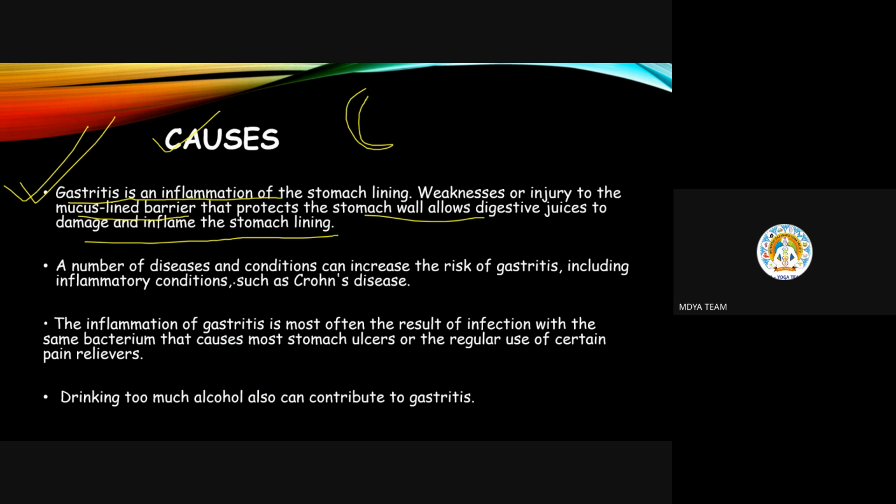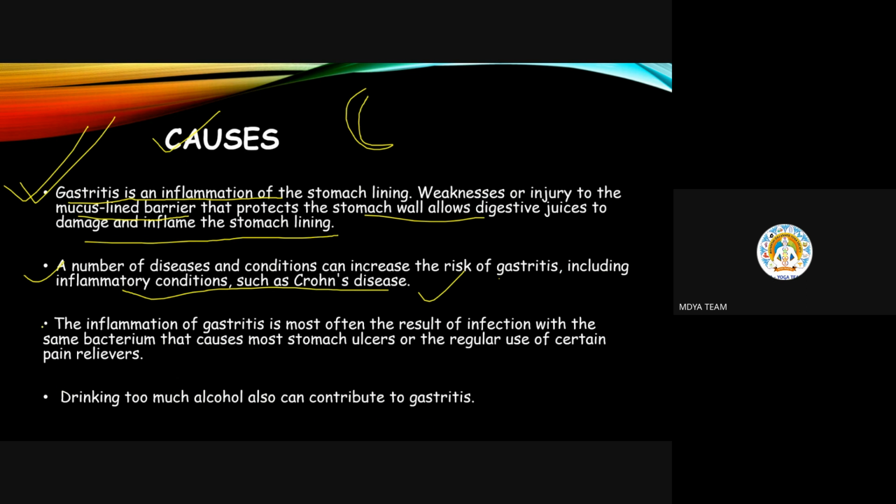A number of diseases or conditions can follow, of course, if such a problem is happening and the lining is being damaged. It could be a risk factor for further diseases, like Crohn's disease and colitis, which we'll study. What is Crohn's disease?